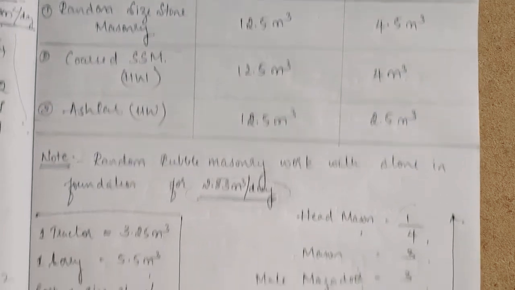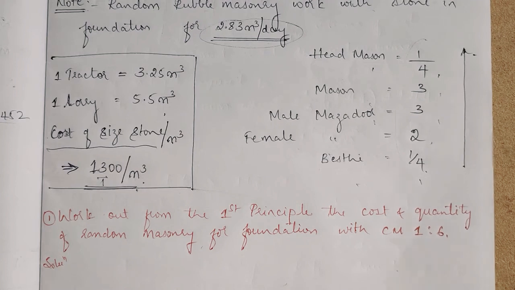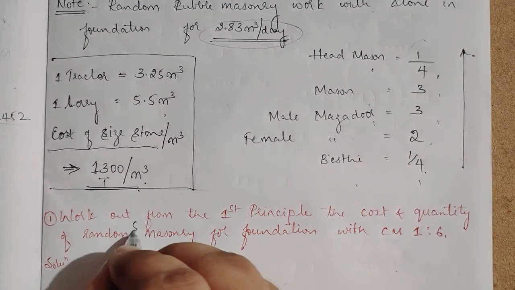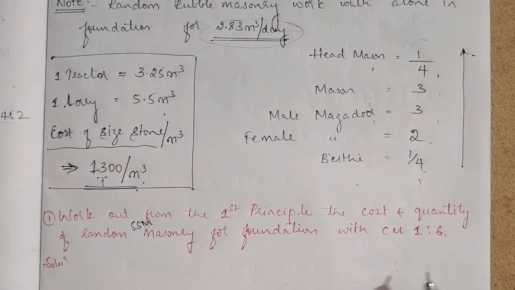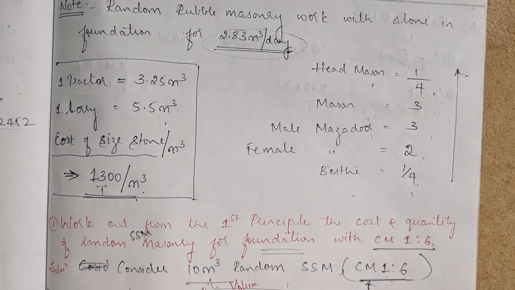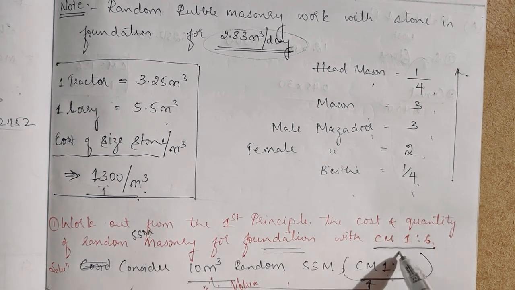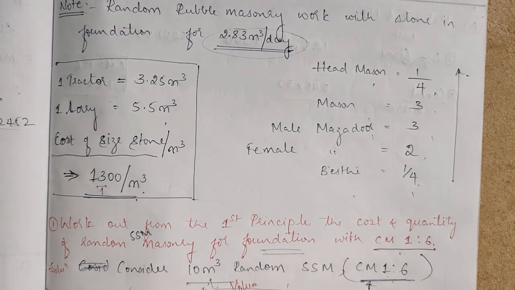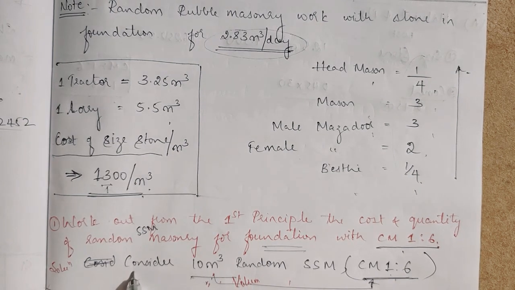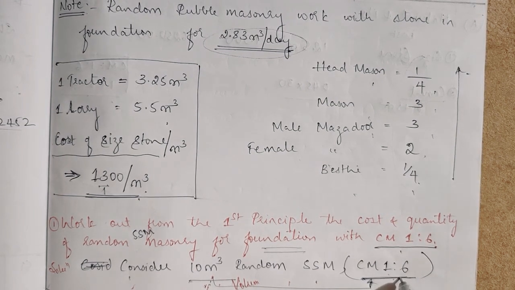On this basis we go to the next problem: work out from first principles the cost and quantity of random size stone masonry for foundation with cement mortar ratio 1:6. I consider 10 meter cube of random size stone masonry work with cement mortar ratio 1:6.